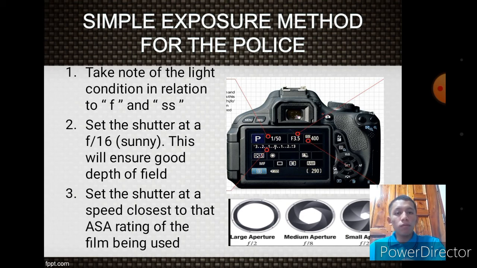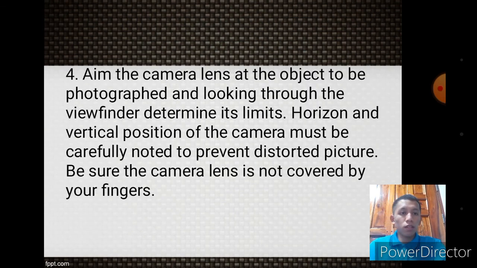Next, aim the camera lens at the object to photograph and look at the finder. Determine its limit. Horizon, vertical position of the camera must be carefully noted to prevent distorted picture. Be sure the camera lens is not covered by your fingers.